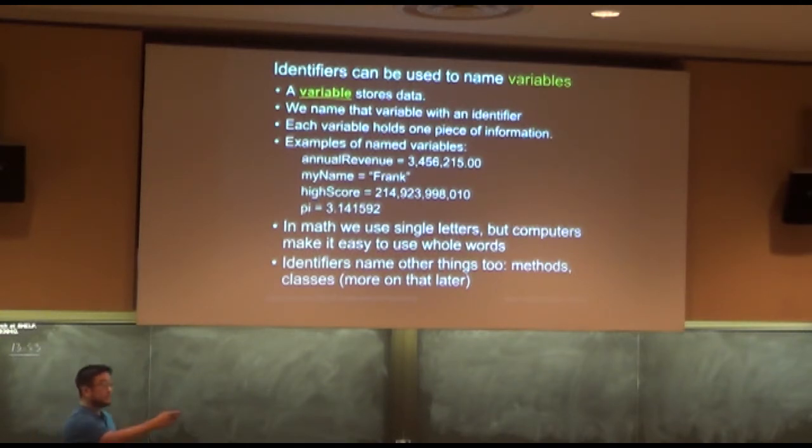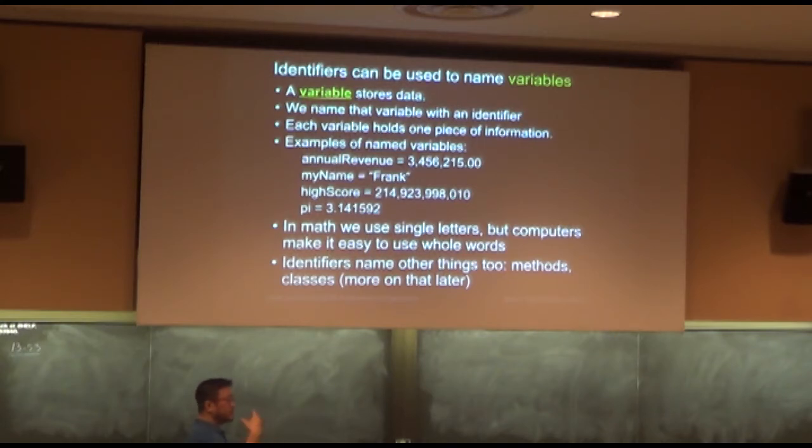Okay. Yes. Your name? Greg. How do you know when to put the data on the right side and the variable on the left side? Well, the thing on the left side is always the recipient.